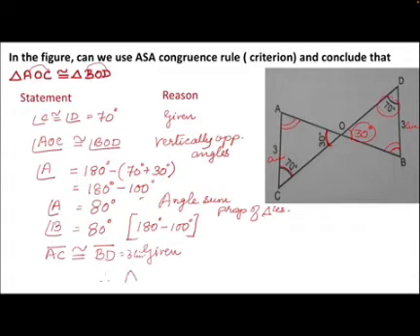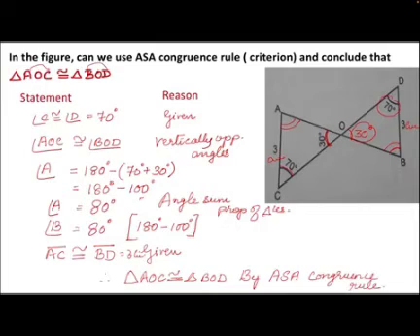Therefore, I can say triangle AOC is congruent to triangle BOD. Do you all agree? Yes. Which congruence criterion did we use? By ASA congruence rule or condition or criterion.